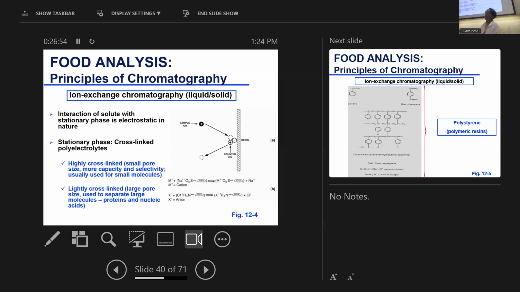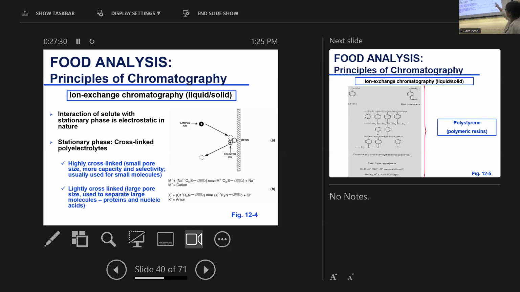That means for small molecules, separating of charged small molecules, like amino acids can be charged and small. Whereas lightly cross-linked, that means they are cross-linked, but the pore sizes are large. This is for large molecules, like proteins, for example. So highly cross-linked for small, lightly cross-linked for large molecules.